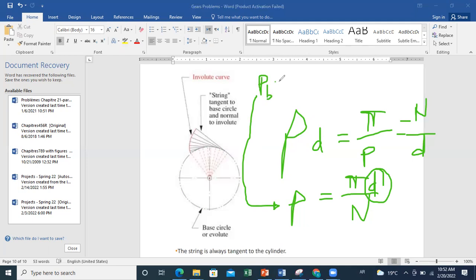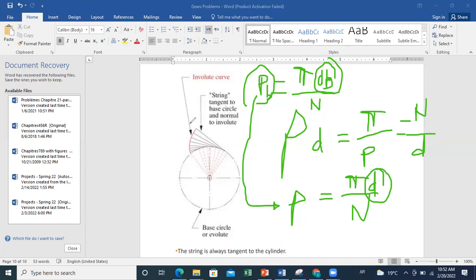So PB is equal to pi times dB, which is the diameter of the base circle, over N. So the idea is that when I determine for a certain application the value of PB, I am determining a certain diameter for my base circle. And when I determine this diameter, I can do the construction of my tooth in involute form.